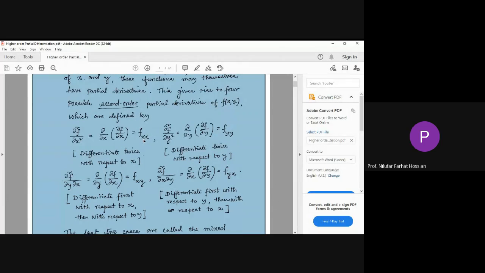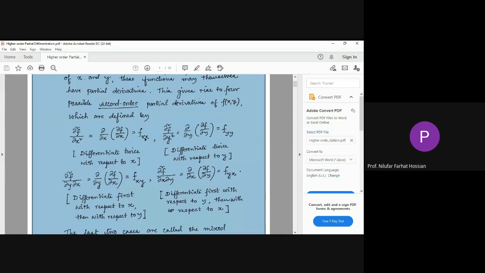And if you perform the partial differentiation again with respect to x, it will be fxx. Similarly, del square f by del y square is del y of del f by del y. That means second order partial differentiation with respect to y. So this is one notation, and this is another notation, fyy.